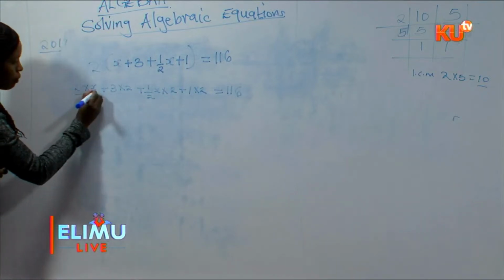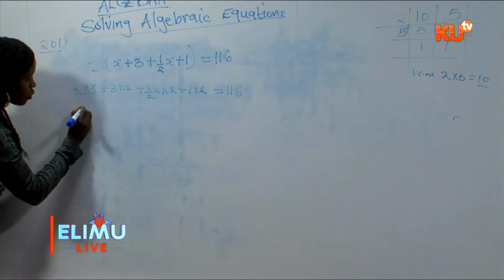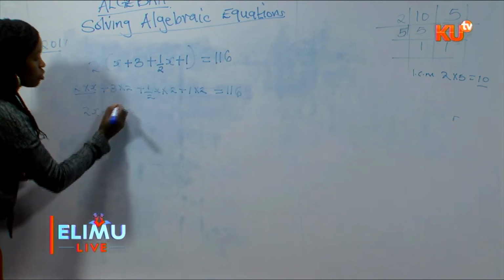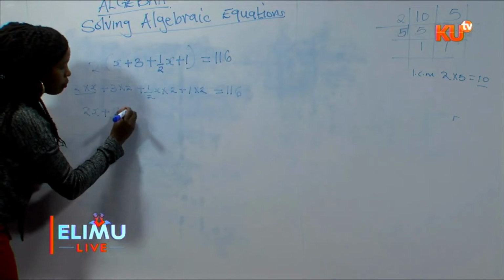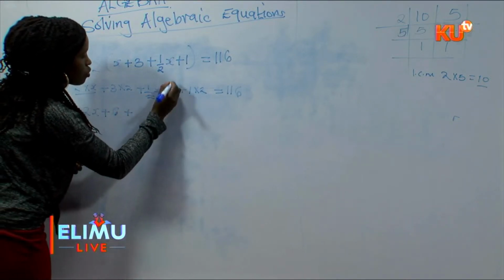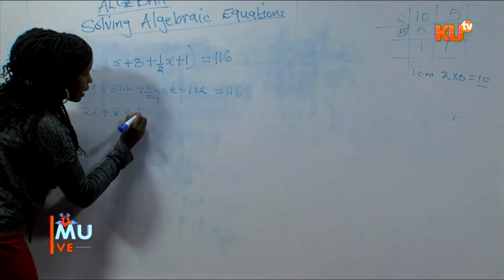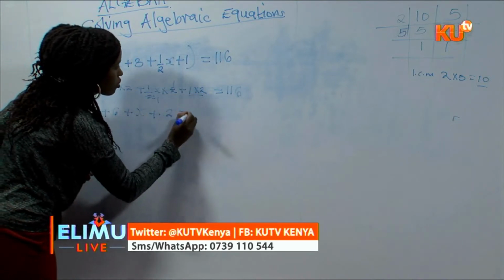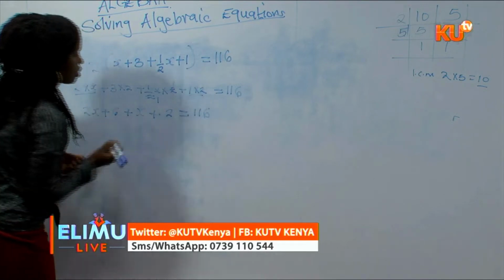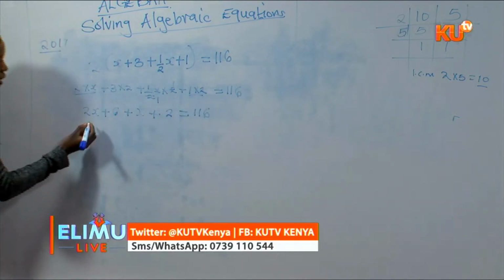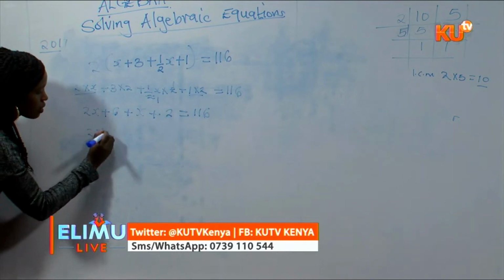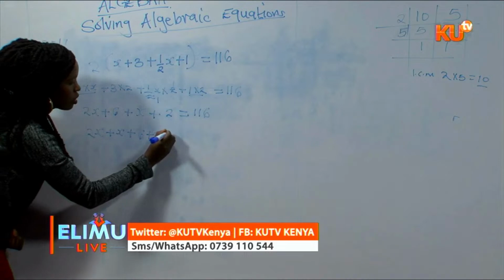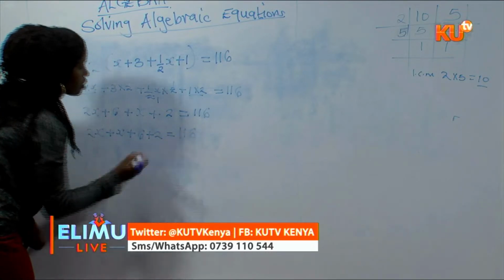So we put this together. 2 times x, we get 2x plus 3 times 2, we get 6 plus by 2, 1, by 2, 1. So here we are going to get an x plus 1 times 2 is 2 is equal to 116. Then from there we collect the like terms. 2x plus x plus 6 plus 2 is equal to 116.